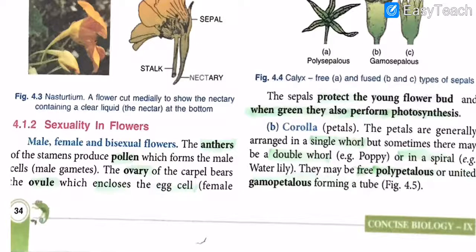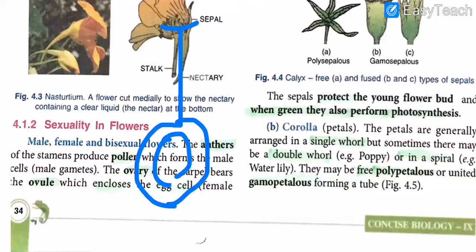The ovary of the carpel bears the ovule, which encloses the egg cell. So you have the stigma, the style, the ovary. Inside the ovary, you have the ovule. Inside the ovule, they enclose the egg. So it's a long process from there, right? So this is what it looks like. And the egg cell is, of course, the female gamete.